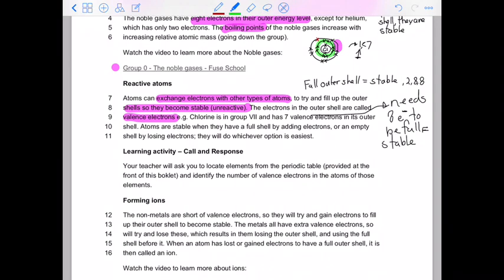So we know that atoms are stable when they have a full shell by adding electrons, or an empty shell by losing electrons. So they'll either empty their outer shell, so the next shell on the inside becomes the outer shell, or they'll gain electrons. So they'll do whichever option is easiest.